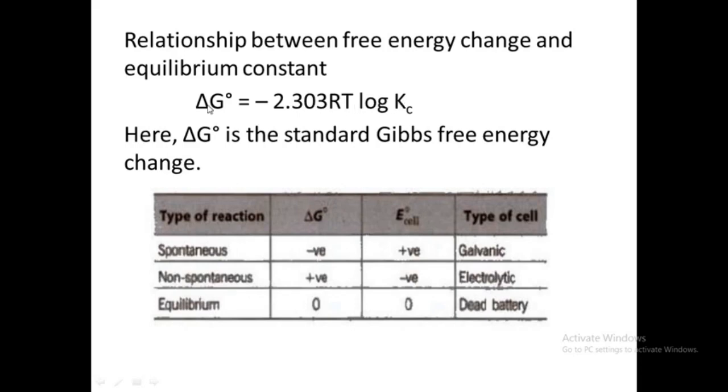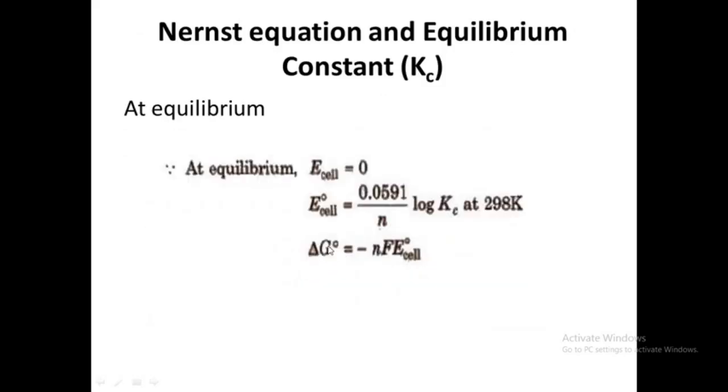This equation also gives the relationship between Gibbs free energy, or standard free energy, and the equilibrium constant. Always remember that for a spontaneous reaction the value of delta G naught is negative, and when delta G naught is negative, then negative and negative give positive, hence E naught cell is positive.